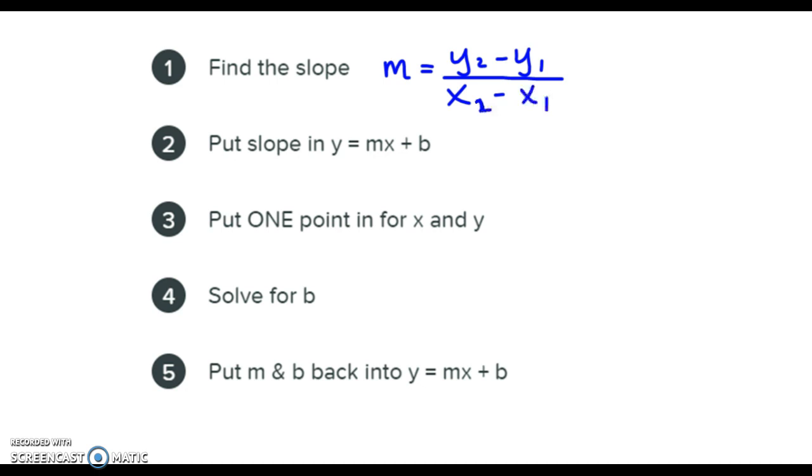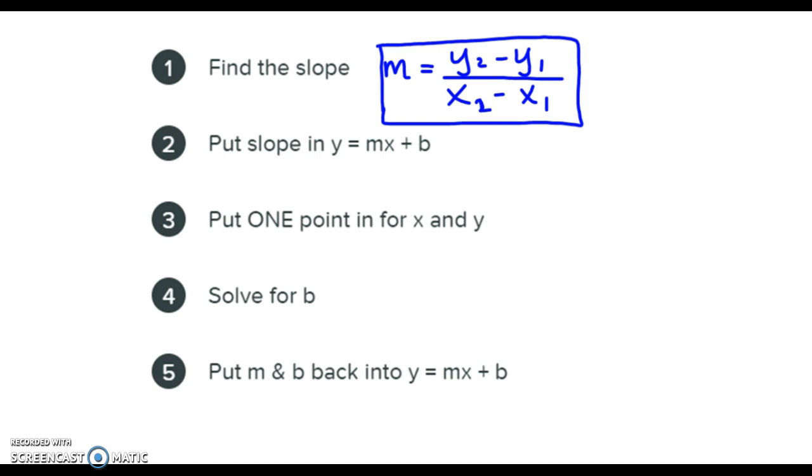Whenever we're given 2 coordinate points, that's how we find the slope. Maybe box it or circle it or put it at the top of your paper, just so it's easy to find next time.